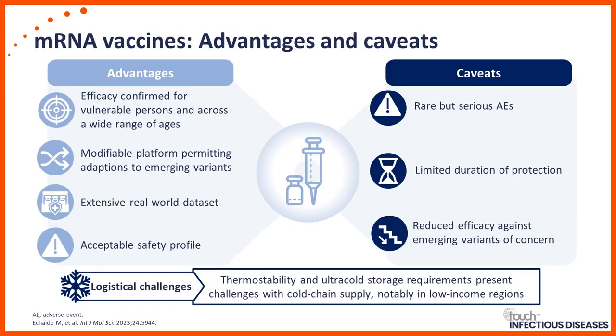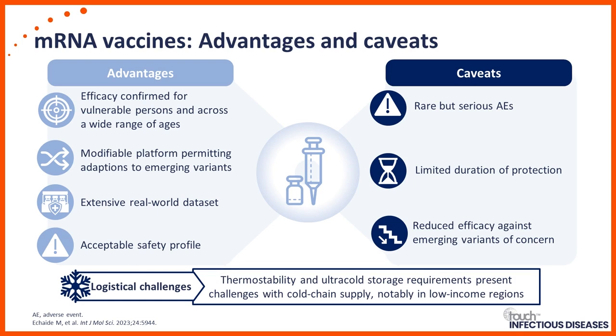So although RNA vaccines have actually been in development for quite some time, the COVID-19 pandemic has really afforded an opportunity to understand how these vaccines can work and what potential side effects are. So we now know that efficacy has been confirmed in a wide range of populations, vulnerable people, various conditions.